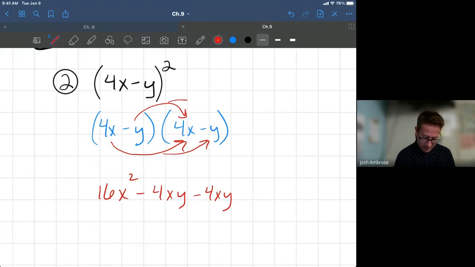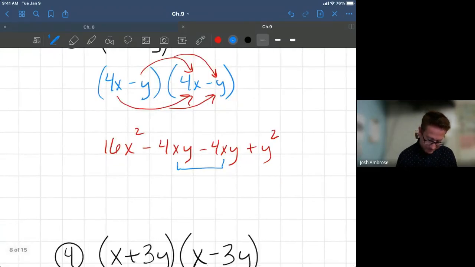And a negative y times another negative y, both are negatives. So it's going to create a positive y squared, because it's y times y. And then don't forget, like terms always right there in the middle. 16x squared had nothing to go with. Negative 4 and negative 4, we are now using addition and subtraction.